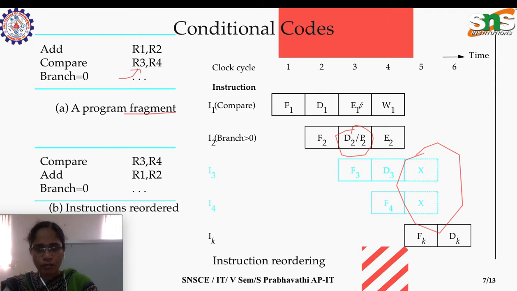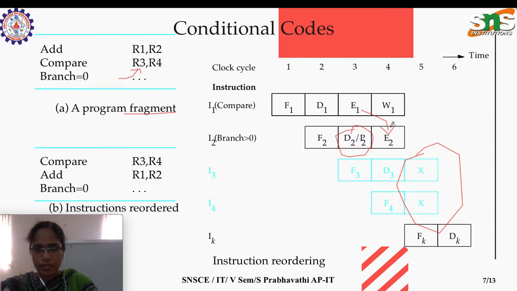We will be getting the previous instruction's result only at cycle 3, and only after that will we get the result. Based on that result, the branching will be calculated.